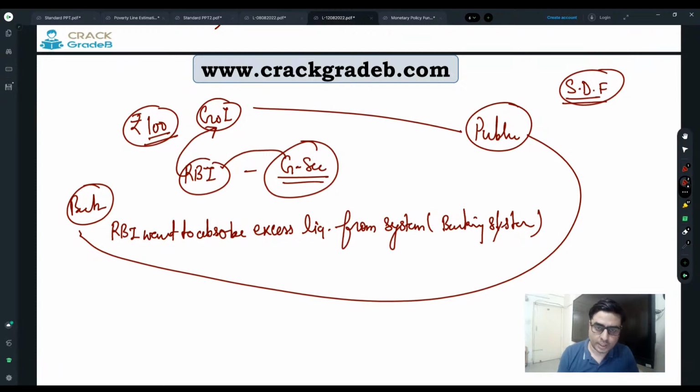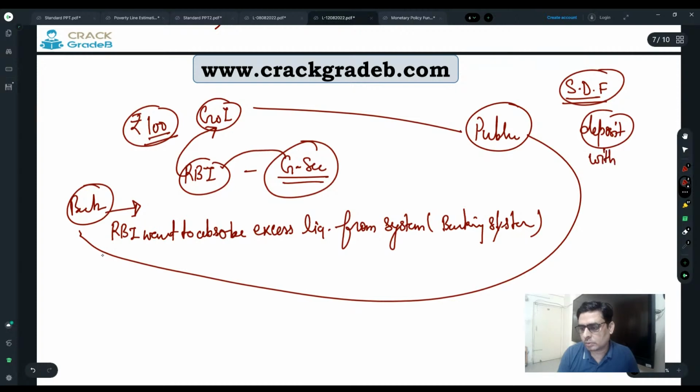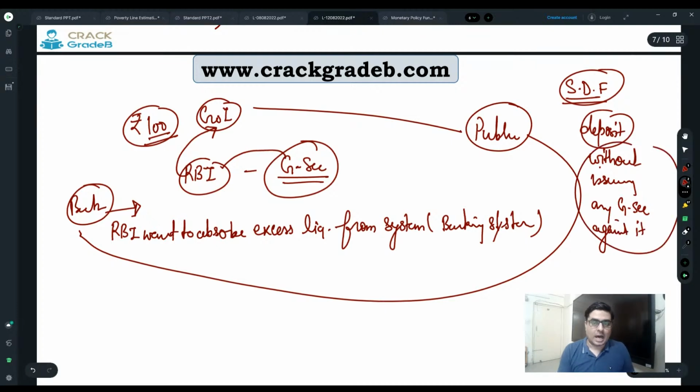RBI said, okay, we are going to allow banks: if banks have certain excess liquidity, we will accept that liquidity in terms of deposit, without issuing any government security against it.